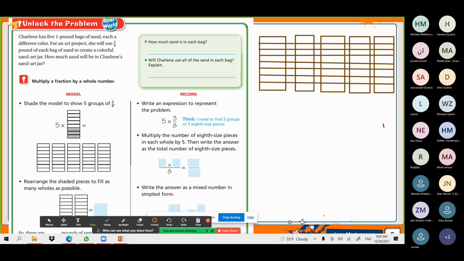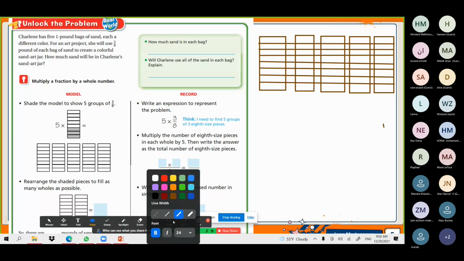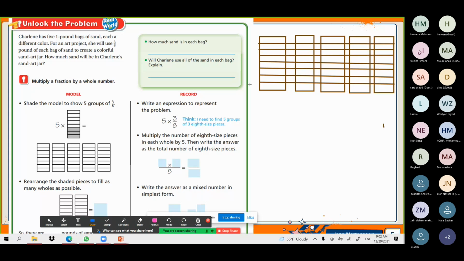So here we want to use 3/8 from each bag. What do I mean by 3/8? There are 8 parts, and I want to take 3 parts from them.